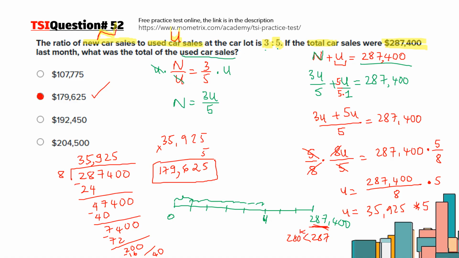Okay, 287,400 right here, it's between that 300K right here. Okay, it's less than. So half of the 28.7, half of the 28 right here is 14. Okay, half of that is 140K.